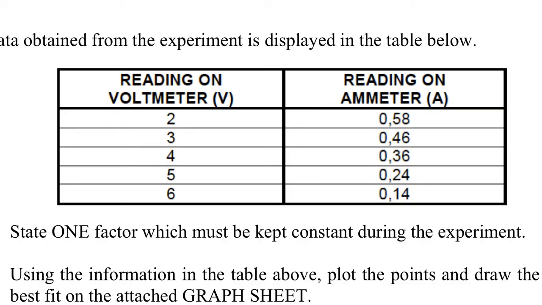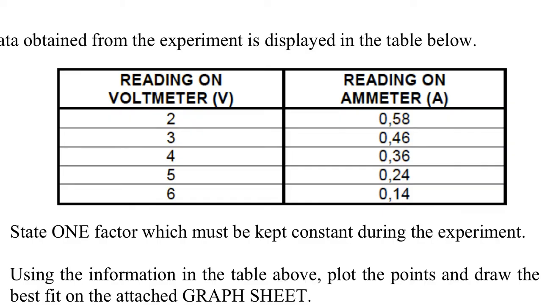In this particular case, we can see that the experimenters incremented the voltage reading in a very controlled way, by increasing the voltage by 1 volt. Now, that voltage that they were varying is not the EMF of the battery, because the EMF of the battery is constant, certainly over the period of time in which this experiment was done.